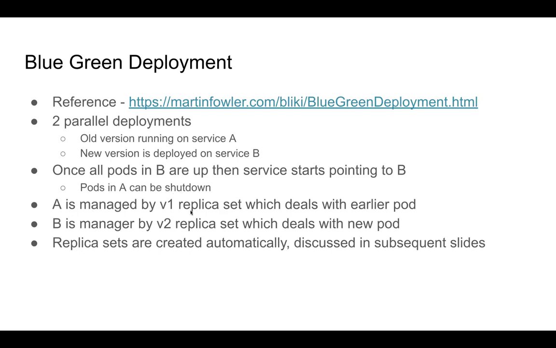A is managed by version 1 of the replica set, which deals with the earlier pods. B is managed by version 2 of the replica set, which deals with the new pods. And the replica sets are created automatically. So we'll see how this whole flow is automated using deployment.